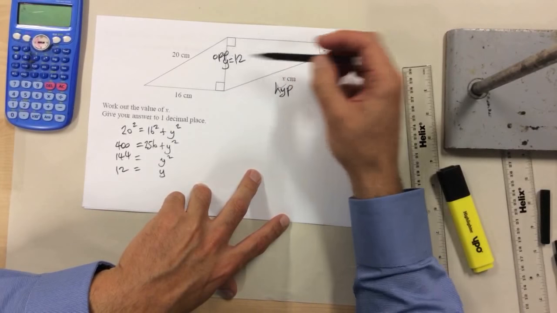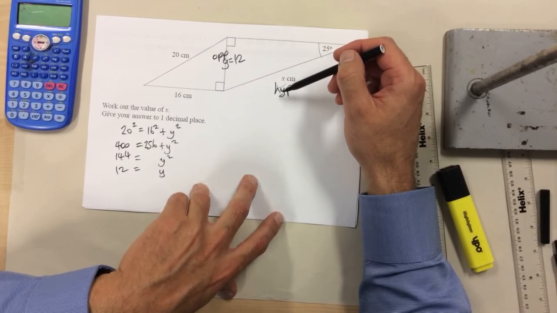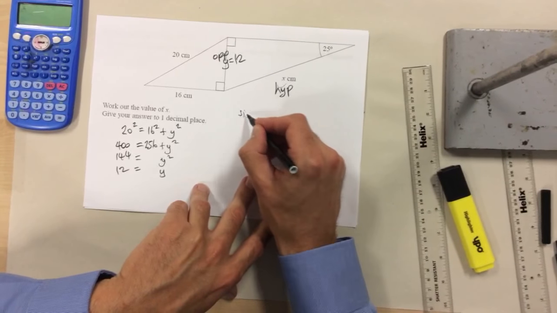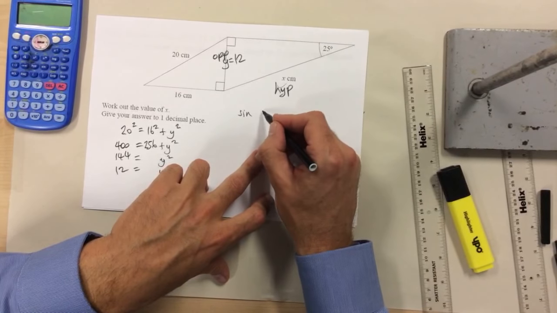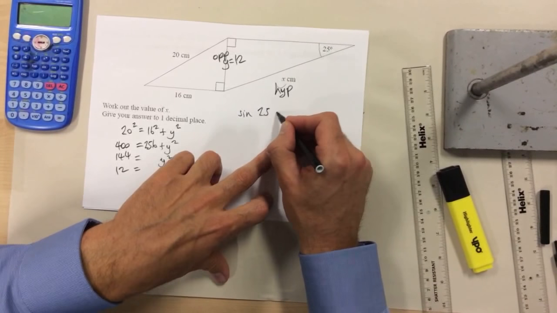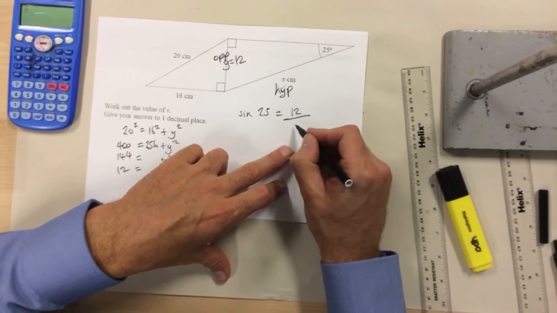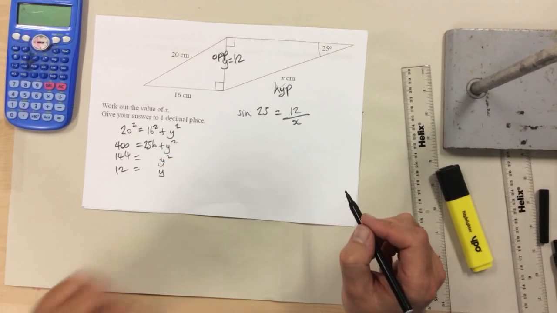So using opposite and hypotenuse, that's determining that I need to use sine. So I'm going to write out the equation in full: sine of the angle equals opposite, which is 12, over hypotenuse, which is x.